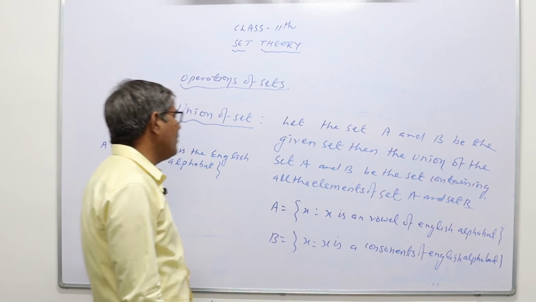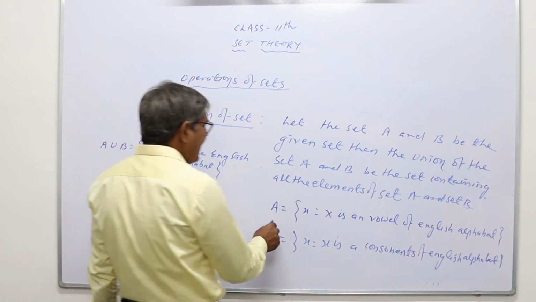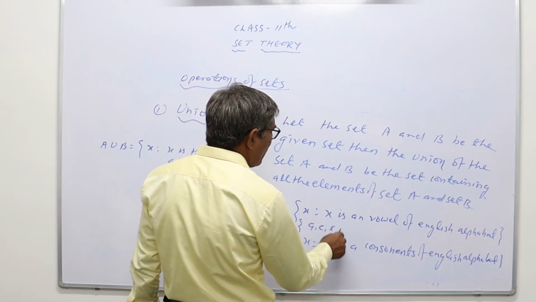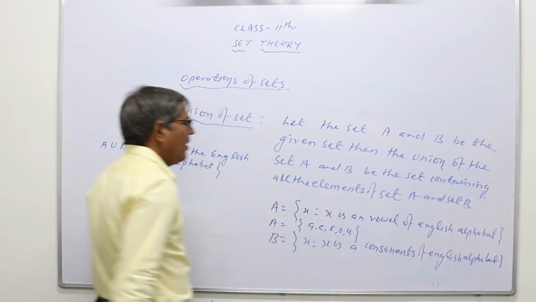If we write set A in roster form, then set A equals A, E, I, O, U. These are the vowels.